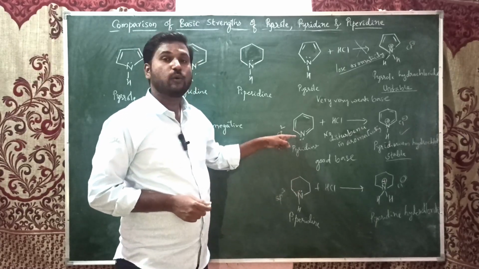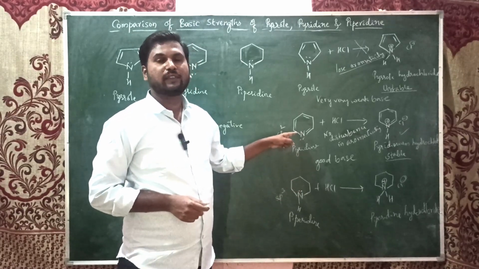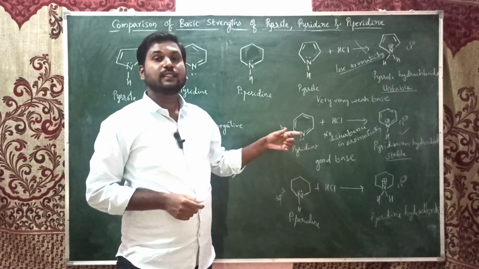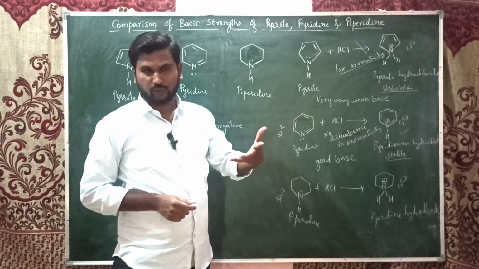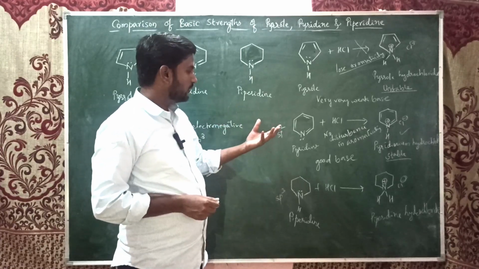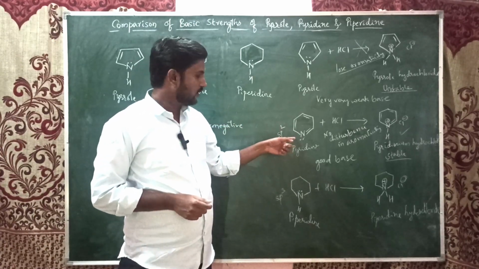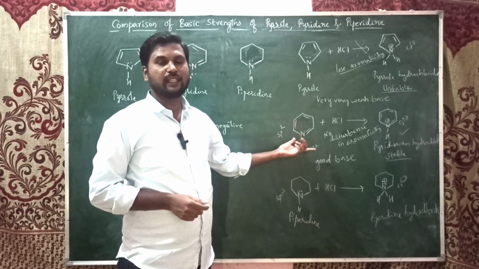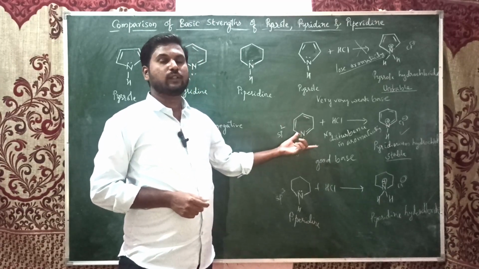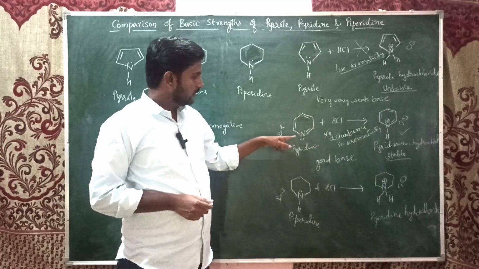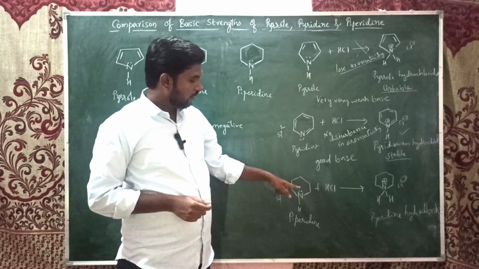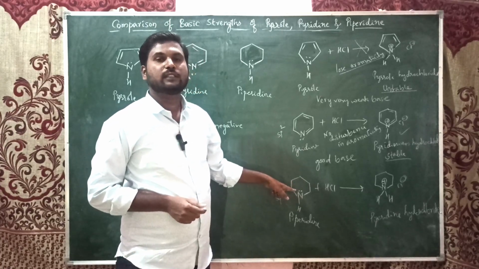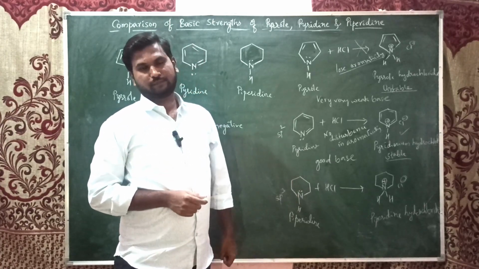As it is more electronegative, what is electronegativity? Electronegativity is attracting the electrons, not giving electrons. Hence the rate of availability of this pair of electrons is less compared to the rate of availability of the electrons in piperidine.